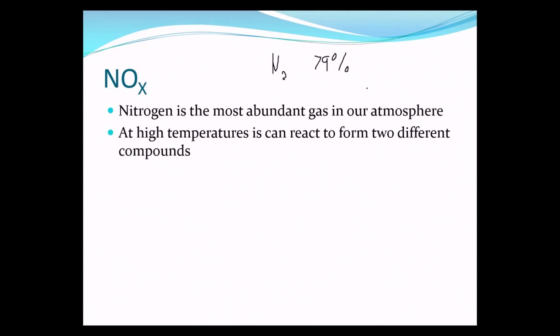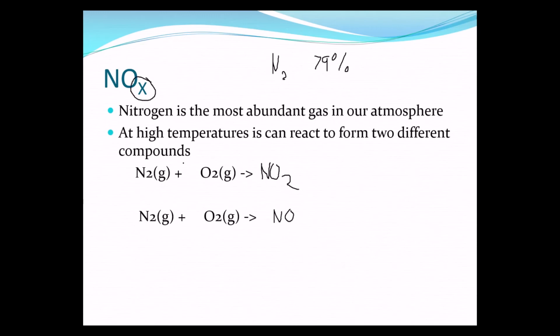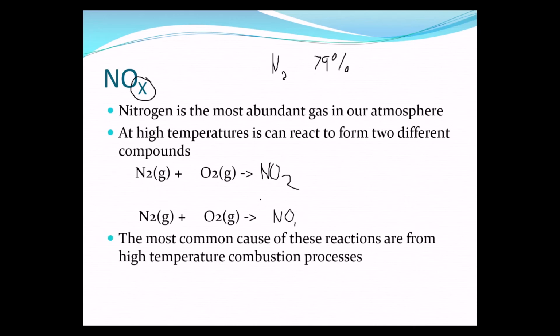Nitrogen is normally not reactive, but if you put nitrogen next to something that's really hot, then it's going to react with oxygen in the air. It can make NO2, and it can also make NO. That's why we call it NOx, because it can be NO2 or NO, so it encompasses both of these ideas.